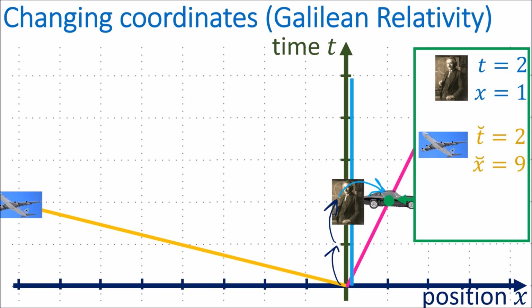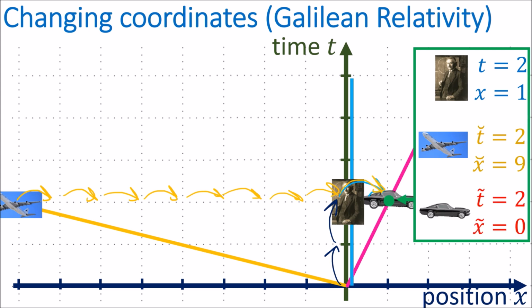From the plane's point of view, the green event point is 2 time units into the future and 9 space units to the right. From the car's point of view, it happens 2 time units into the future and 0 space units away. This is because the event happens to be right on top of the car's world line, so the position of the event is equal to the car's position when it happens.